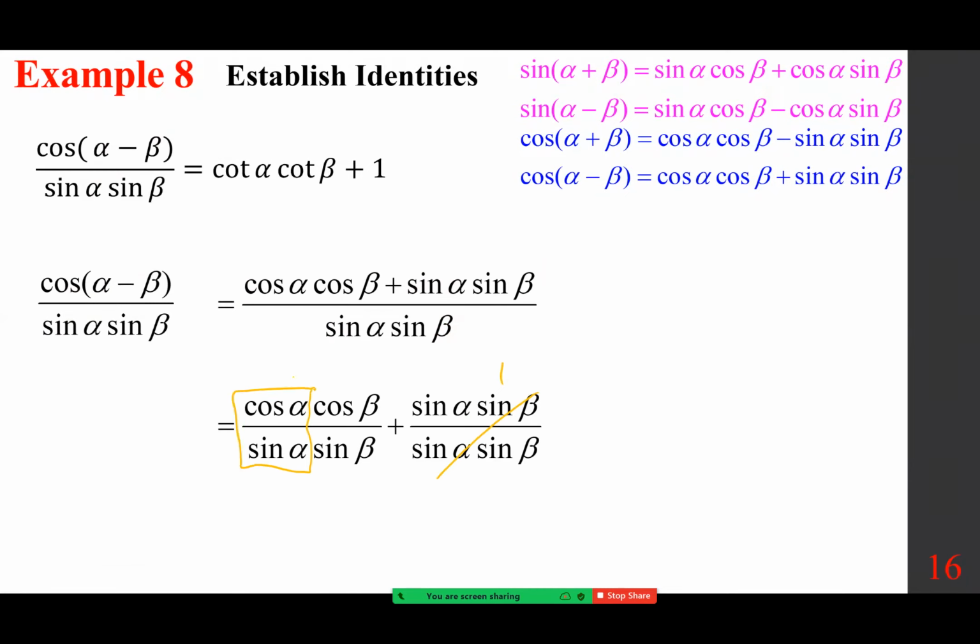Cosine alpha over sine alpha is cotangent alpha. Cosine beta over sine beta is cotangent beta, and that's a proof.